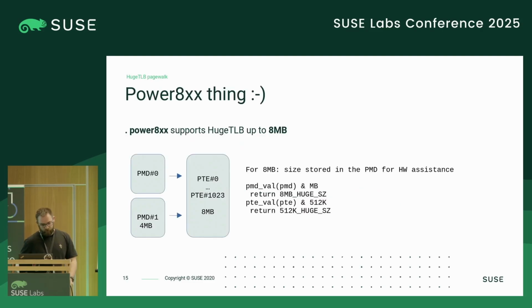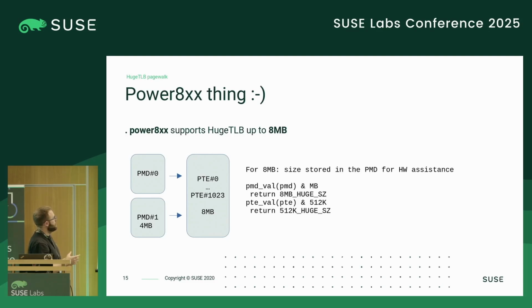And there is this thing with Power. So this PowerPC platform supports HugeTLB up to 8 MB, and it works because it maps two PMDs, each of which is 4 PMDs, directly with 1024 contiguous PTE entries.